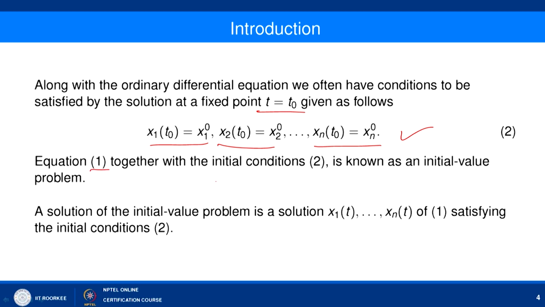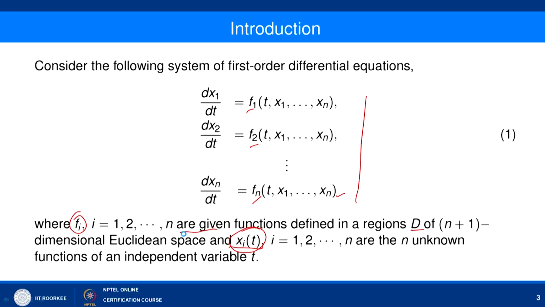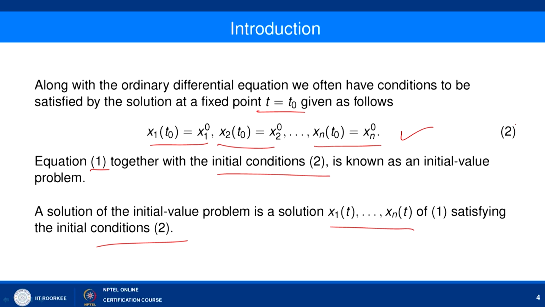Equation 1 together with the initial condition 2 is known as an initial value problem. In layman's language, a solution of the initial value problem is a solution x1 to xn of 1 satisfying the initial condition 2. Roughly, it is n unknowns x1 to xn satisfying equation 1 along with the conditions x1(t0) = x1^0, x2(t0) = x2^0, and so on.